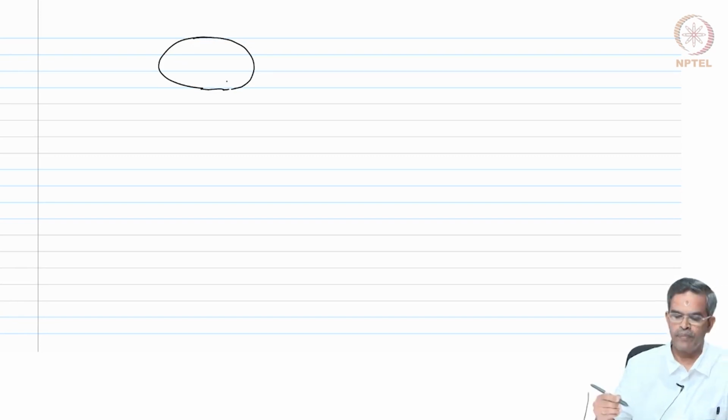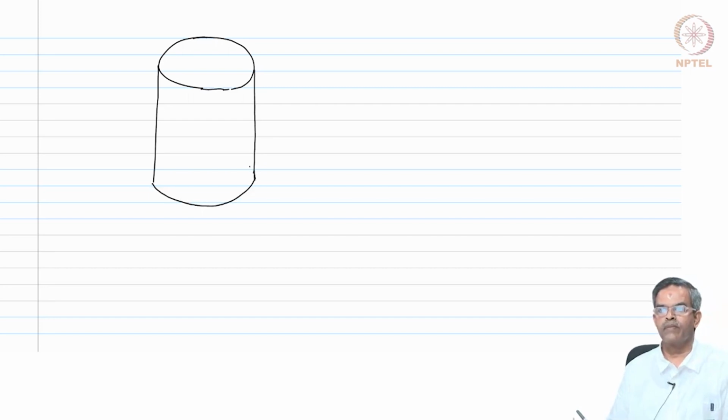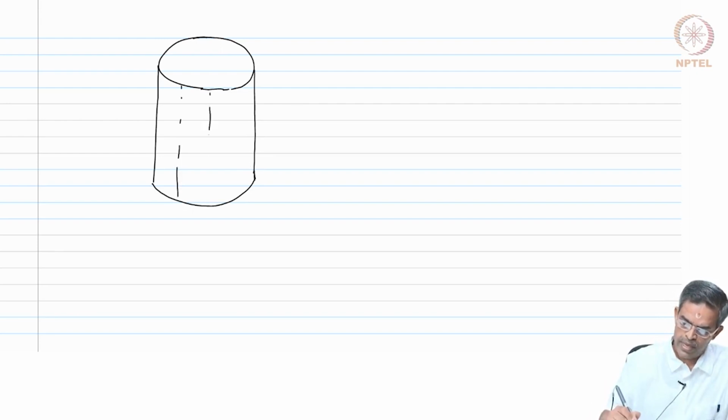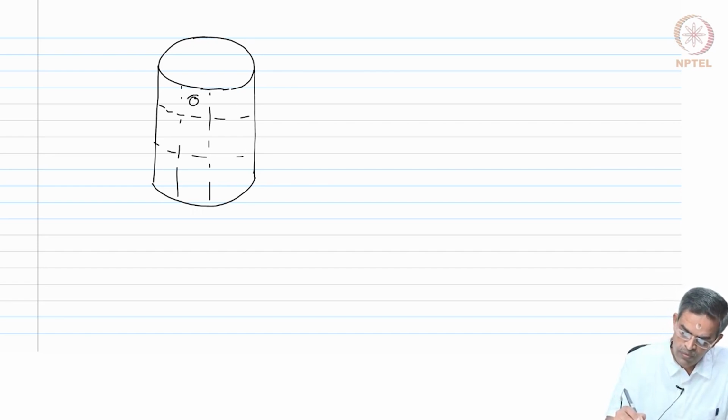Let us say this is my cylinder. Now, when there are different layers along the length and along the circumference, some of them will have stress concentrations, some of them will have negative.